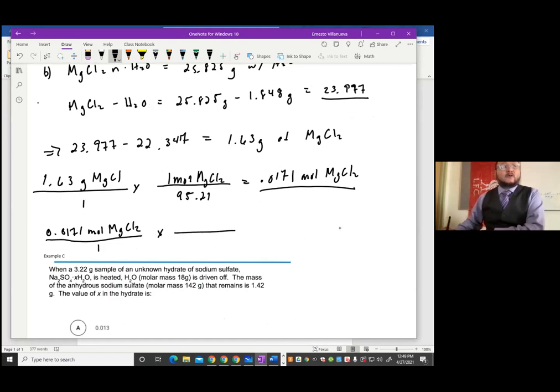I want to know how many moles of water. So for moles of magnesium chloride to n moles of water, right? That's where we're at right now. Multiply this straight across. Did I do that right? Nope.